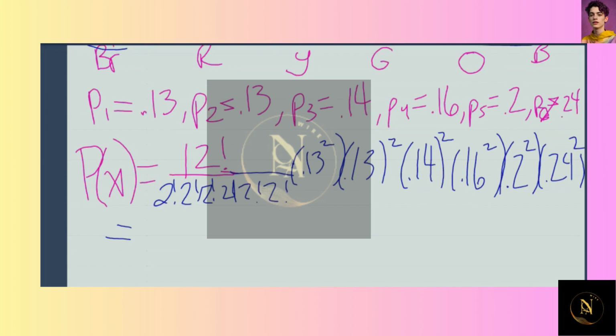So we're going to do 12 factorial in our calculator and divide it by 2 to the 6th power. And you're going to get 7,484,400.